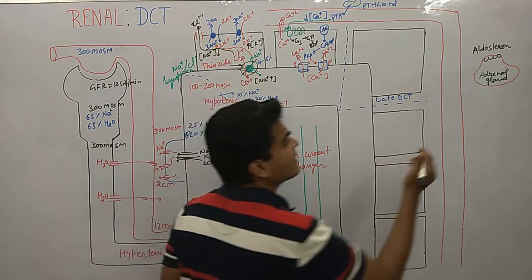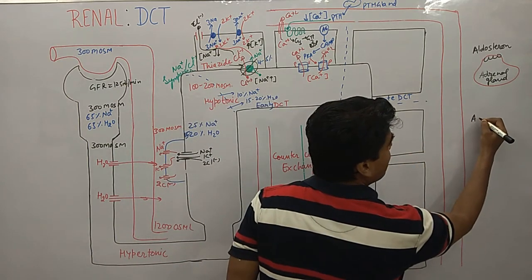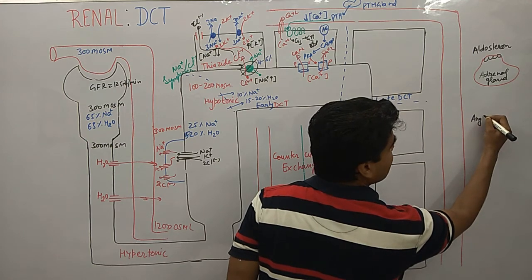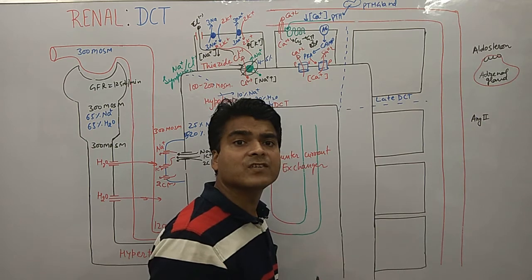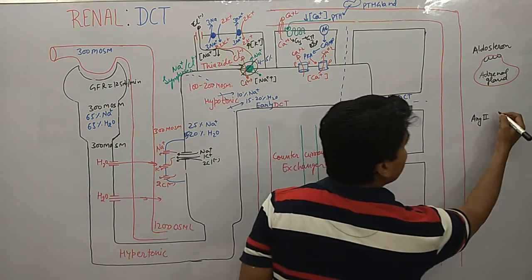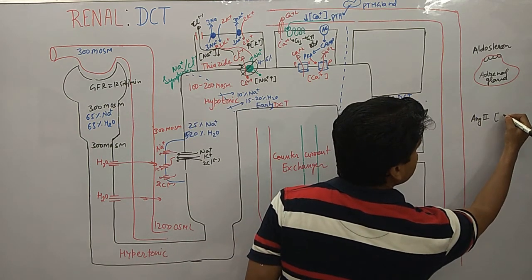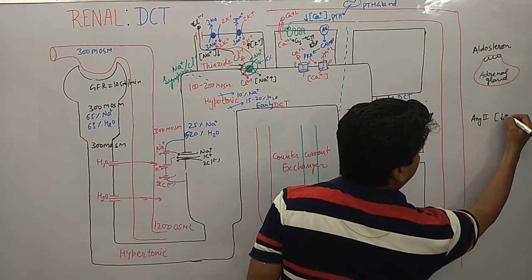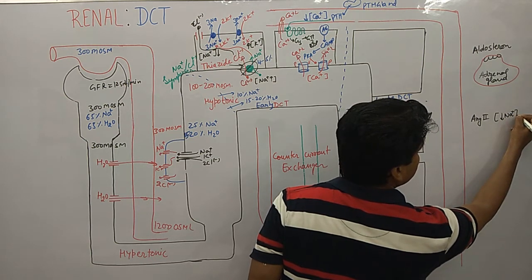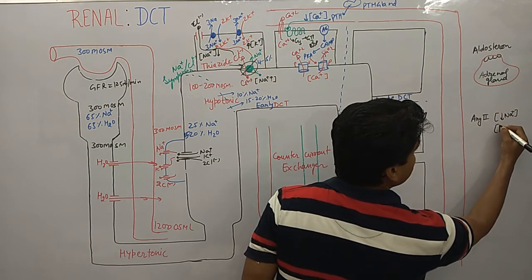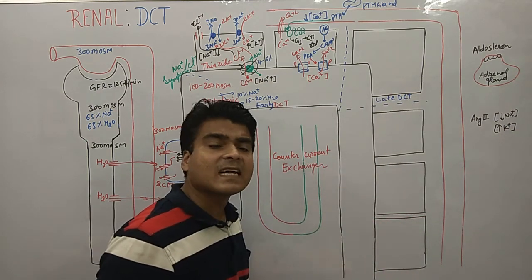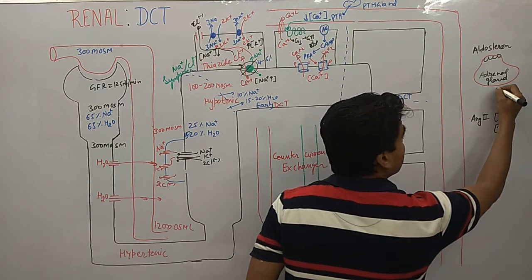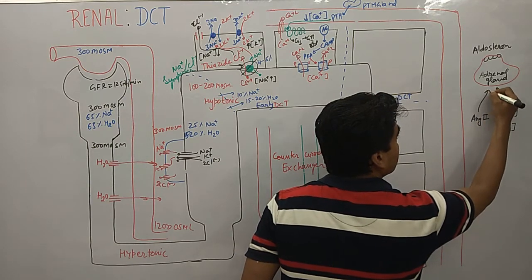If there is a high amount of angiotensin II, as well as a decrease of sodium and an increase of potassium, these are the conditions which stimulate the aldosterone gland.